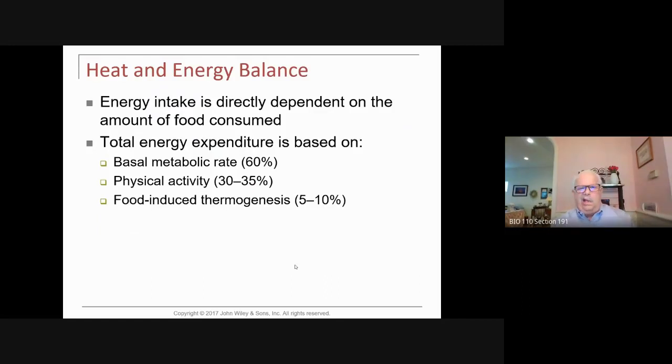Energy intake is directly dependent on the amount of food you consume. And your total energy expenditure is based on the metabolic rate at rest, which is 60%, your physical activity, which is 30 to 35%, and the amount of food that you take in, which is around 10%.